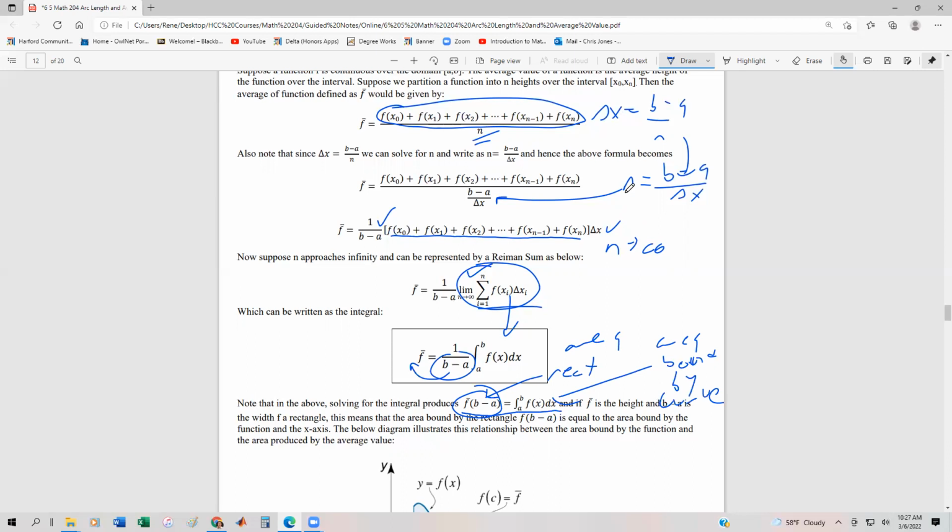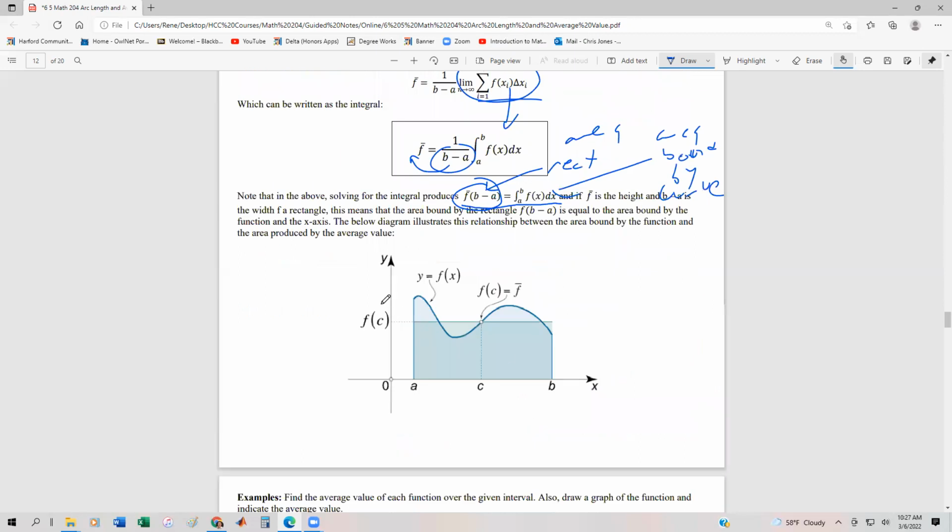Not that it's all that important, because for most of the examples we're going to be looking at, all I'm going to ask you to do is to be able to find the average value of the function. And so just as a diagram, suppose f(c) is going to be the average value, and we have the point a, we have the point b, and the average value slides somewhere in here. So this is going to be the line, and notice we have a rectangle.